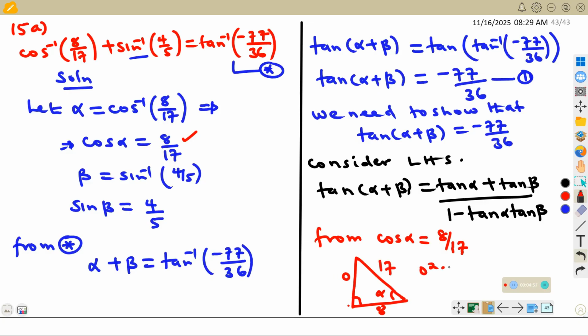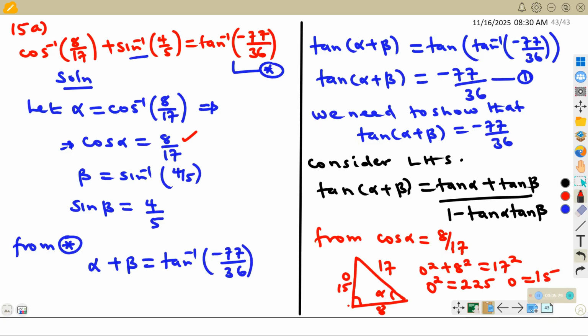Opposite squared plus 8 squared is equal to 17 squared, so opposite squared equals 17 squared minus 8 squared, which gives us 225. Taking the square root, the opposite is 15. So this side is 15.